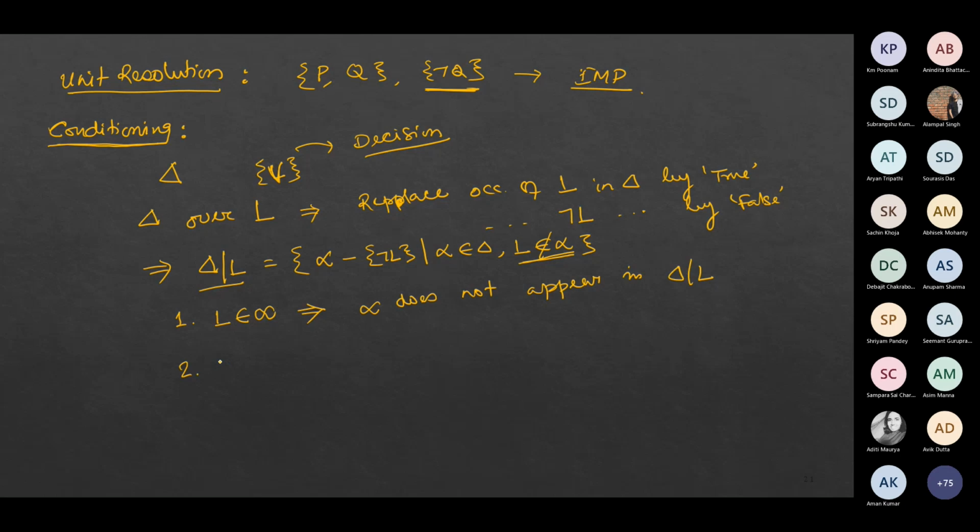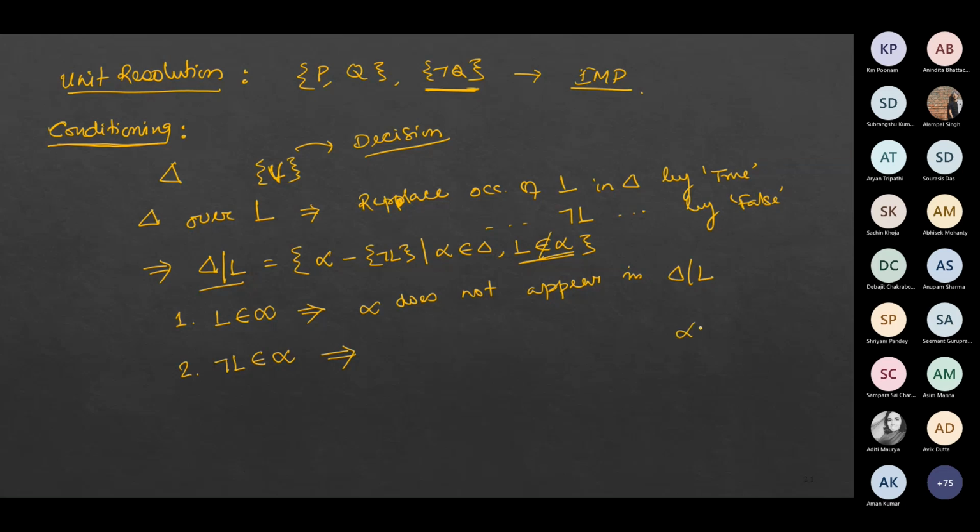Now let us check the other case, where negated L belongs to alpha. Again, what will happen? Negated L should be removed, because if it is there, it will be ORed with 0 and the clause will remain the same.